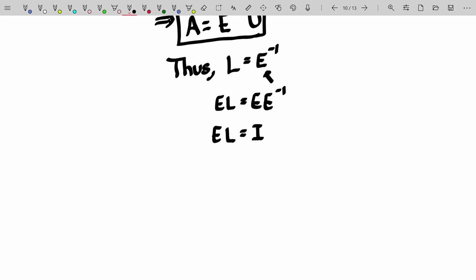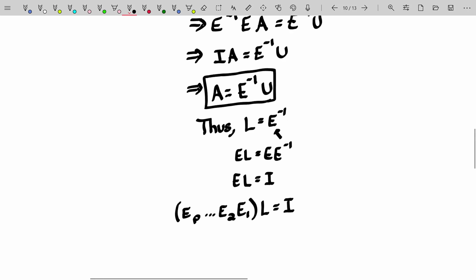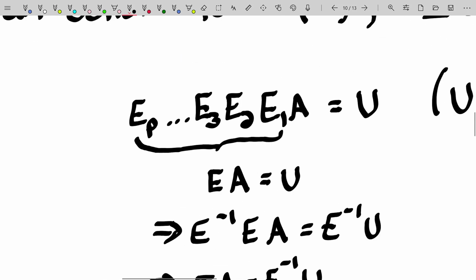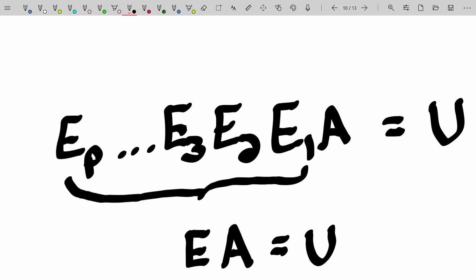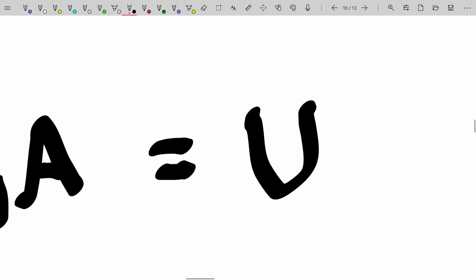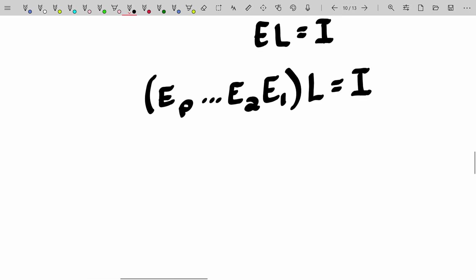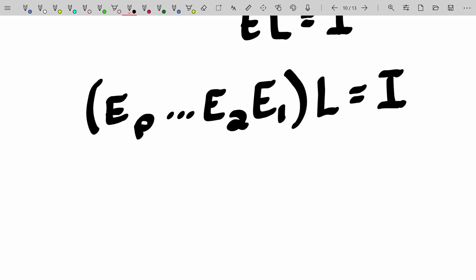Remember, those elementary matrices are these guys right here. So the same elementary row operations that are going to take A and transform it into an upper triangular matrix are exactly the same elementary row operations that would take our unfound L and transform it into the identity matrix.